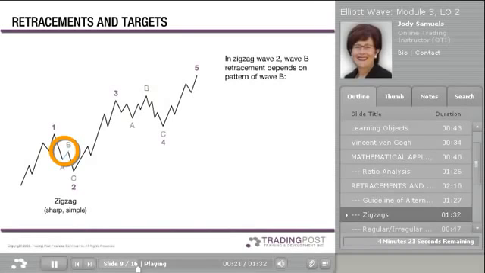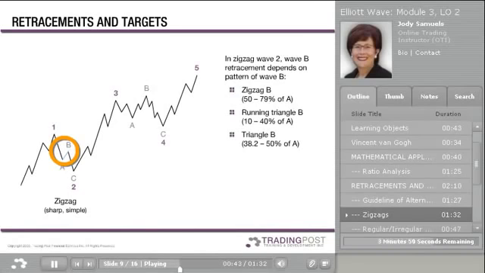For example, if B is a zigzag, B will retrace between 50 and 79% of A. If B is a running triangle, B will retrace between 10 and 40% of A. Finally, if B is a triangle, B will retrace between 38.2 and 50% of A.